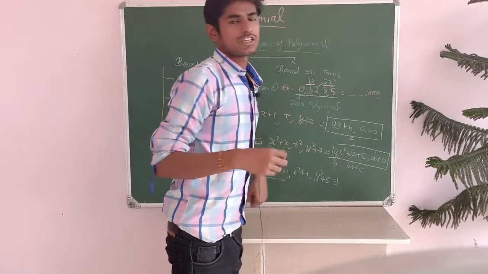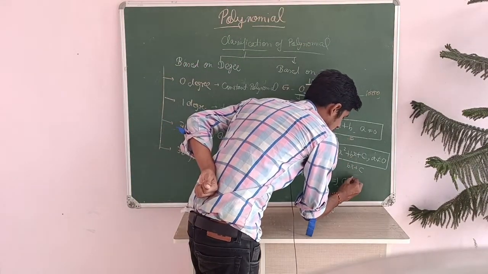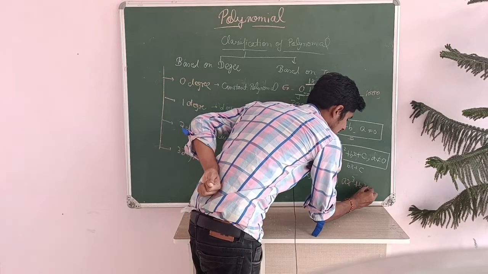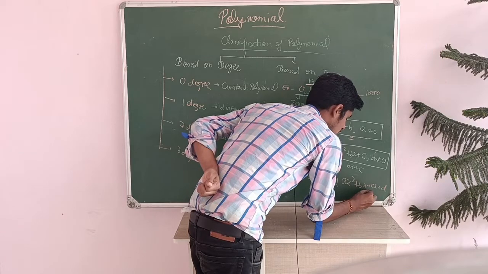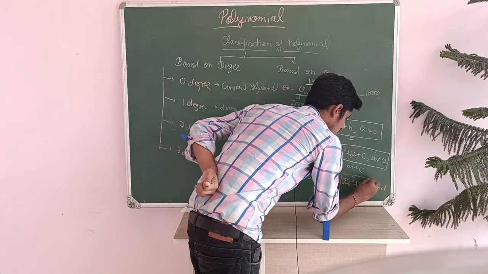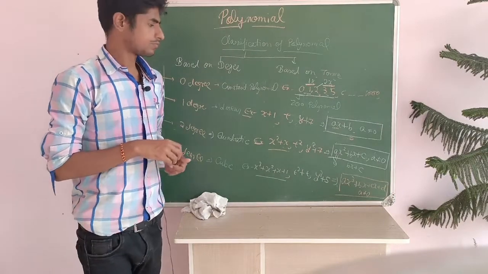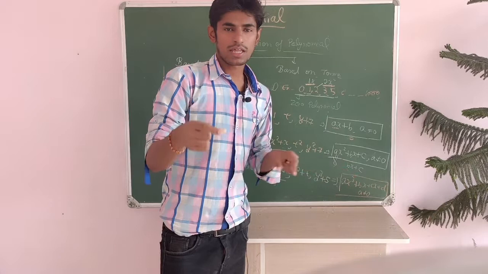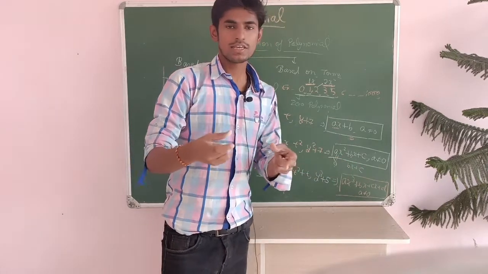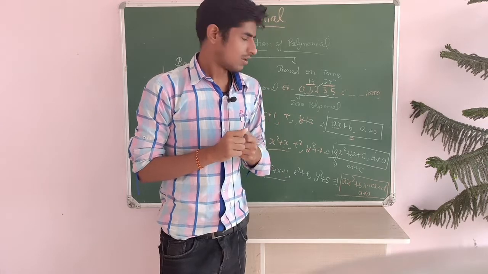Then the general equation of cubic is ax cube plus bx square plus cx plus d where a not equal to 0. That is the general equation of cubic. So cubic can be defined as ax cube plus bx square plus cx plus d where a not equal to 0, called a cubic polynomial.